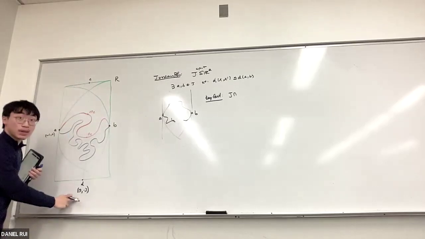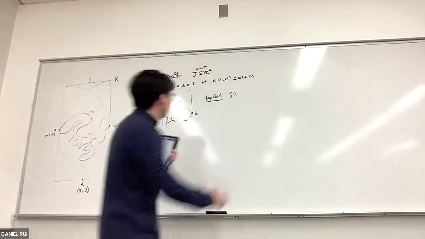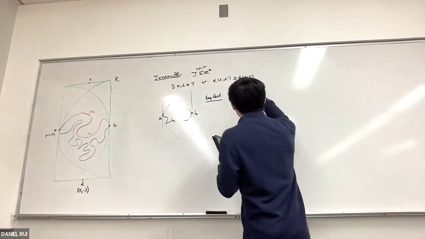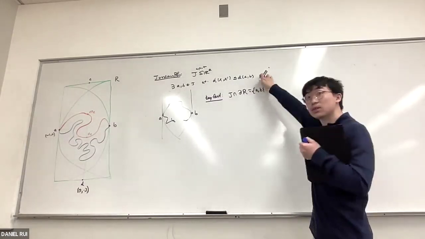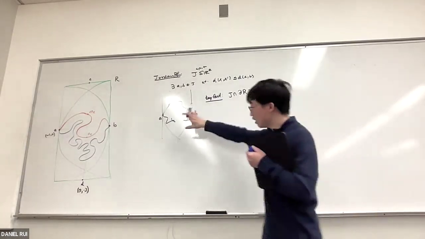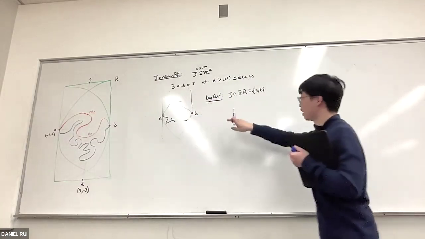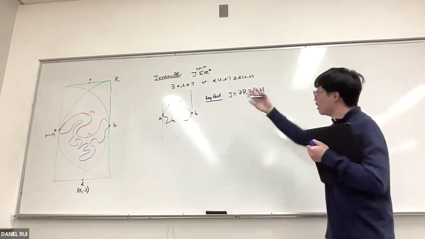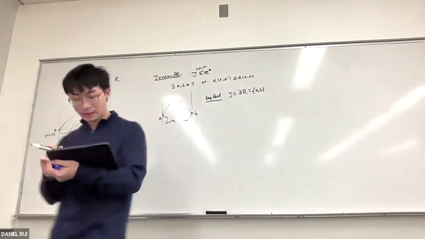And then D is the bottom of the rectangle, (0, -2). Okay, so there's just coordinates fixing this picture. J intersect the boundary of R is just A and B. This is clear from this sort of thing. The lens, okay, in fact, furthermore, the lens shape intersect the boundary of the rectangle is only A and B, and J is contained in the lens shape. And so this inequality is true.